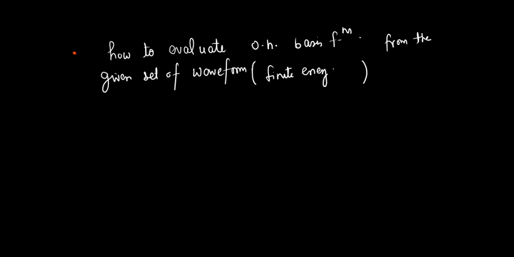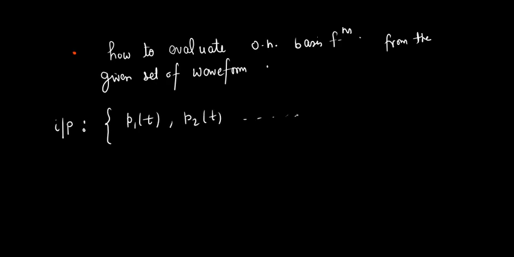Okay, leave that for now. So how to evaluate that? What is the input to this algorithm: phi 1 t, phi 2 t up to phi 2 to the power m t. So let us call this 2 to the power n. Generally we take k for the number of bits, but okay, let us call it n, it's okay.